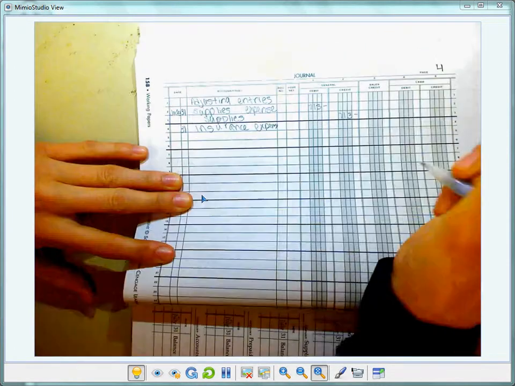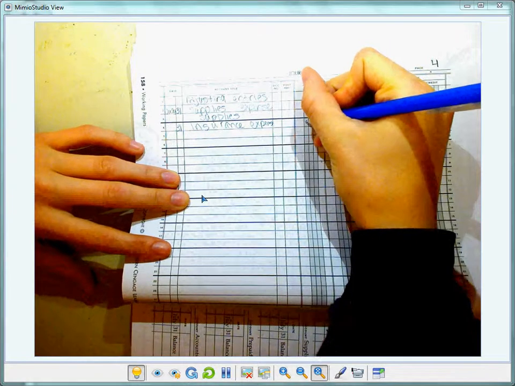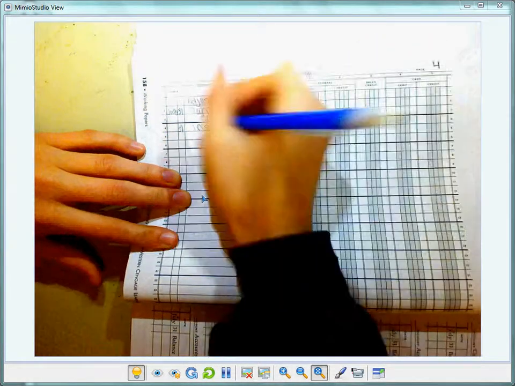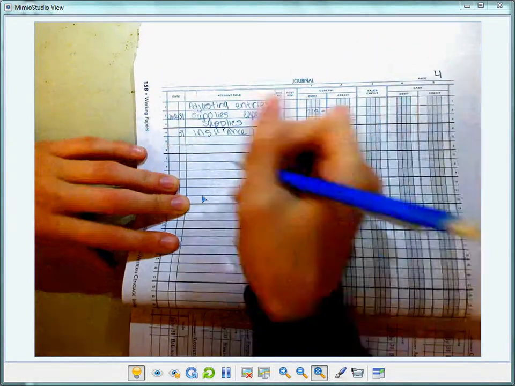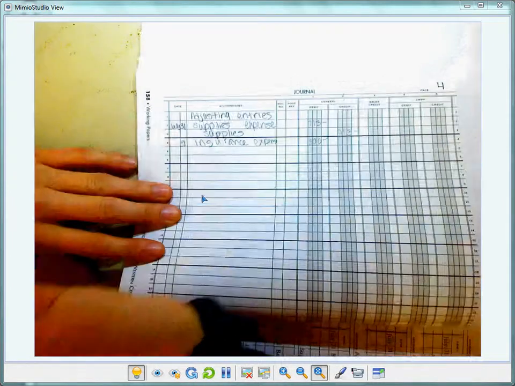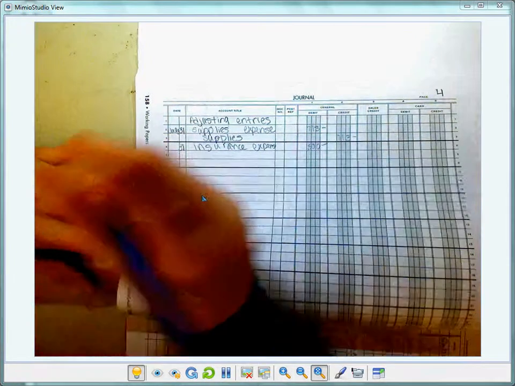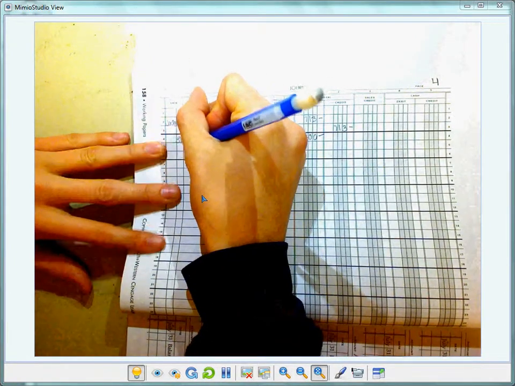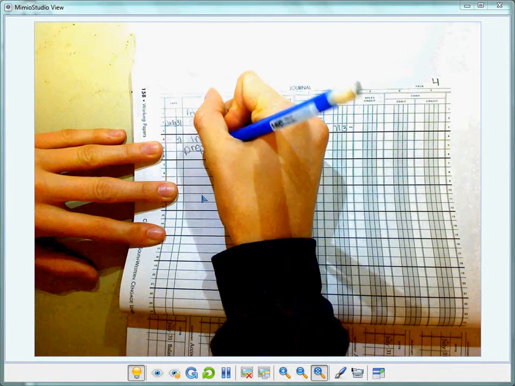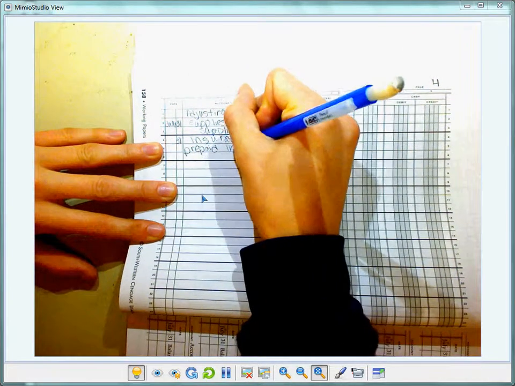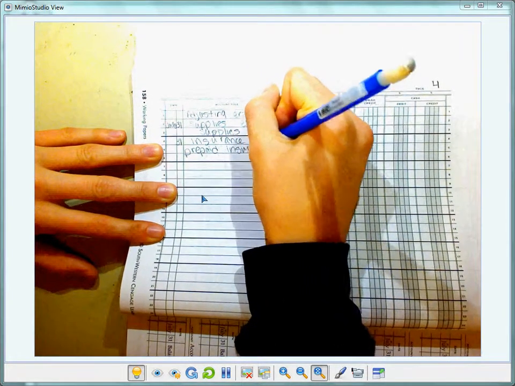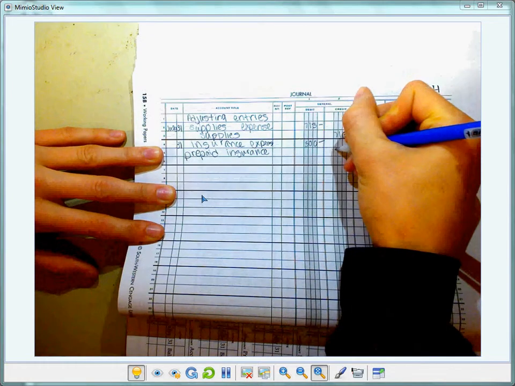And it is a debit of $300. And then our next line is prepaid insurance. And it's a credit of $300.